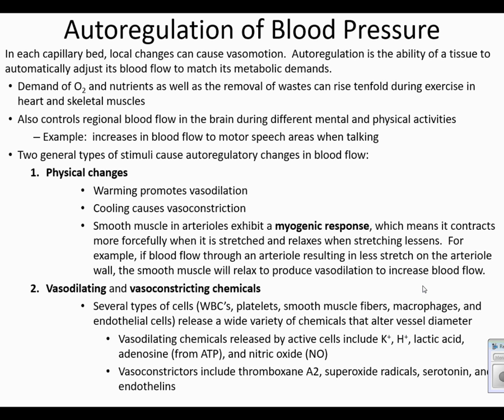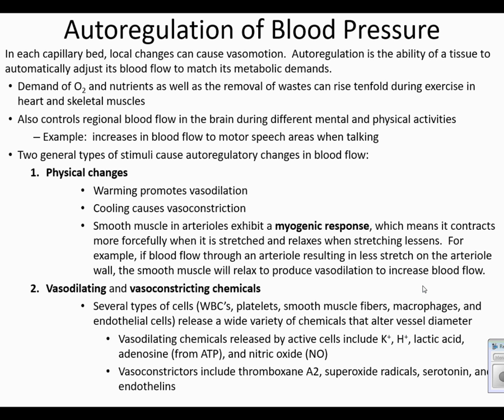Something that we're going to talk about when we get to the urinary system is a myogenic mechanism, which involves this myogenic response, which our smooth muscles will exhibit. It means that smooth muscle will contract more forcefully when it is stretched and relaxes when stretching lessens.